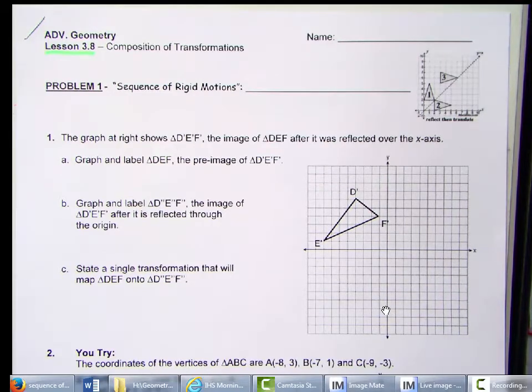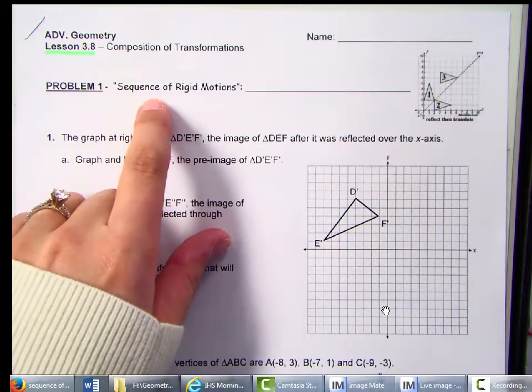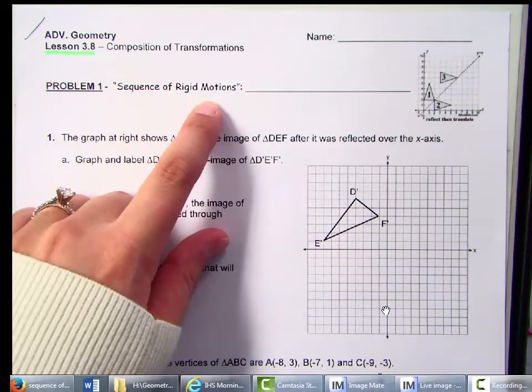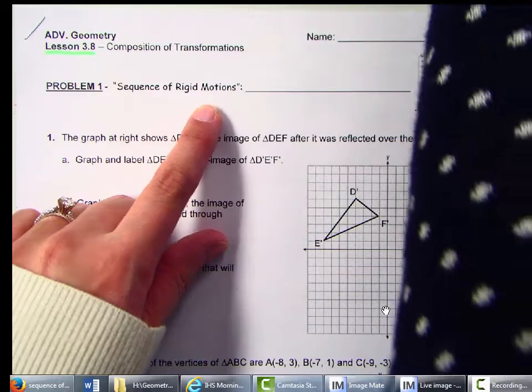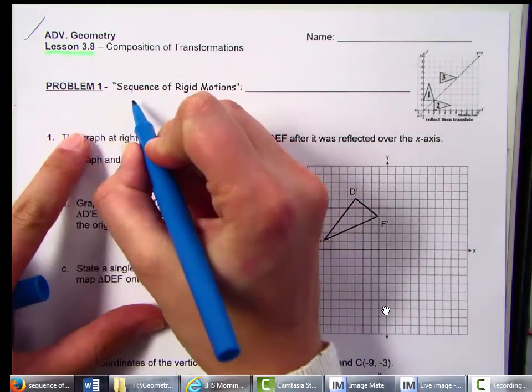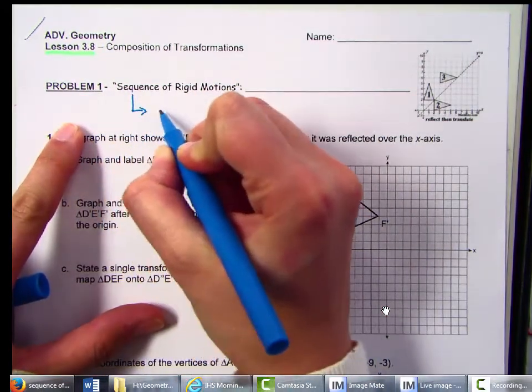So, the first thing that you need to know about lesson 3.8 is the vocabulary sequence of rigid motions. When you see sequence of rigid motions, that means you're going to have more than one rigid motion.